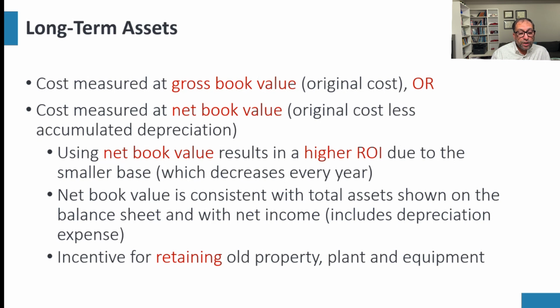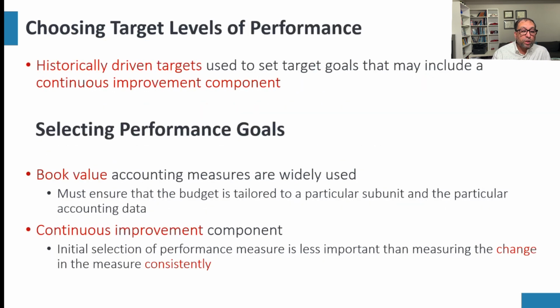There are incentives for retaining old property, plant, and equipment. If we are calculating on a net basis, what is going to happen? The old assets and old property and plants have a zero book value, so keeping them is not going to affect their ratio, so they retain them. Next, choose the target level of performance, and then select performance goals.